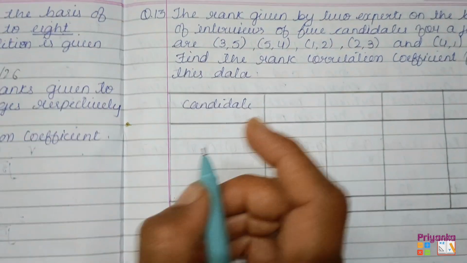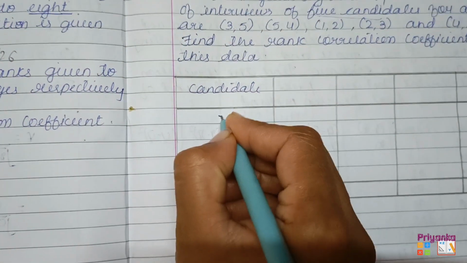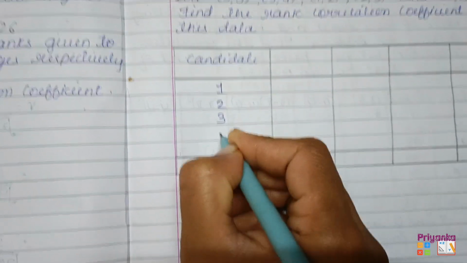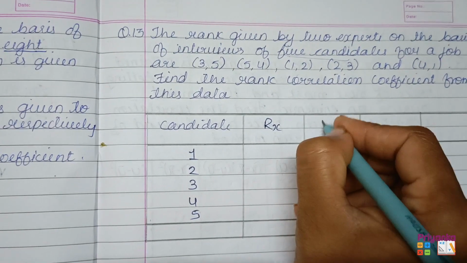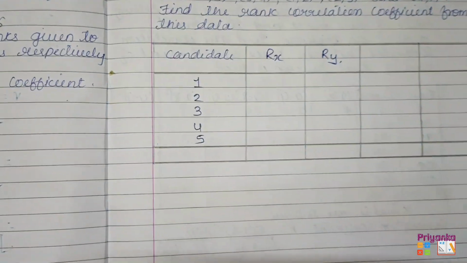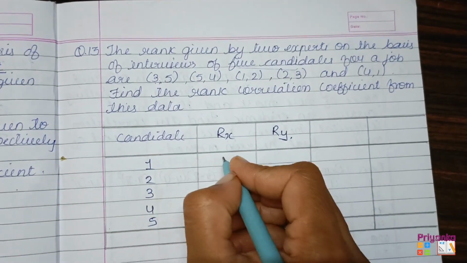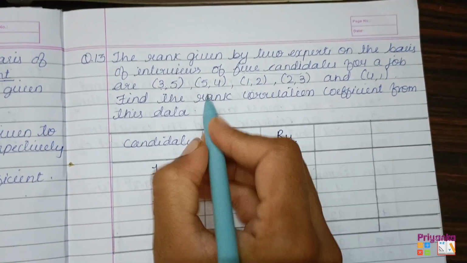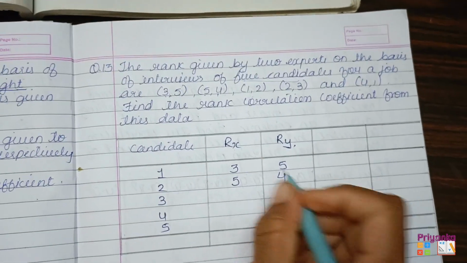They told that there are 1, 2, 3, 4, 5 candidates. First one will be kept as Rx and another one as Ry. First one, they have given 3 and 5. Next, 5 and 4. So Rx will be 5 and Ry will be 4.